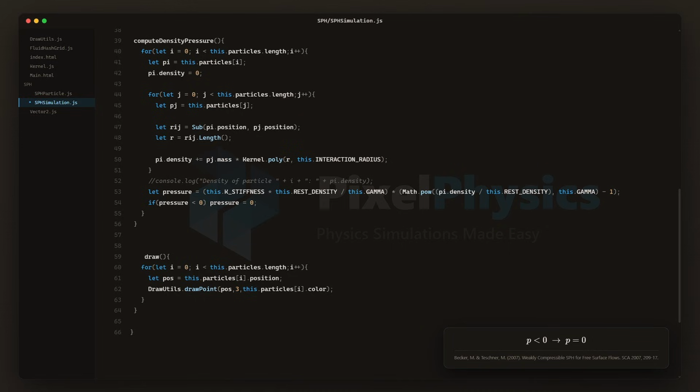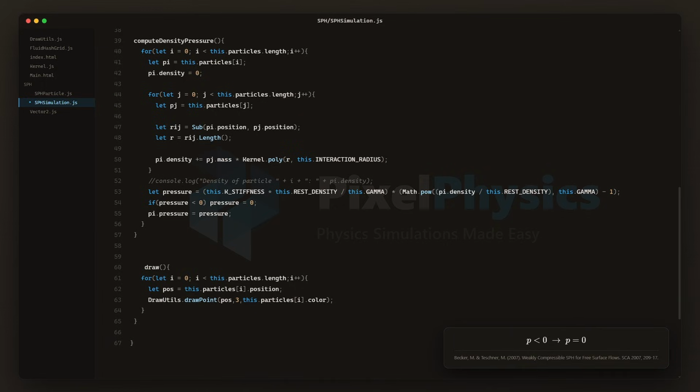And we can do that with just an if pressure is smaller than 0, then you say pressure is 0, and this is everything we need. Then we will save the pressure to the particle, and this field has been 0 since the first episode, and now it actually holds a real value. And this is everything. We are now calculating the pressure.